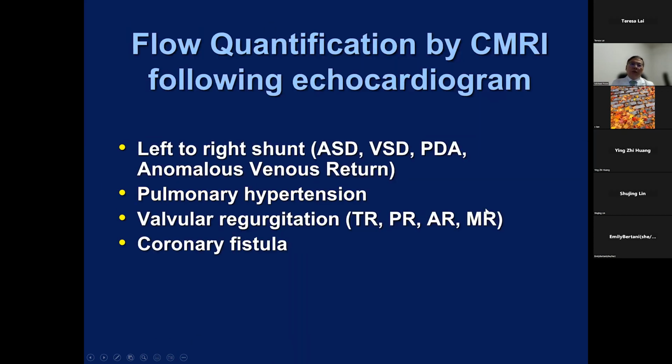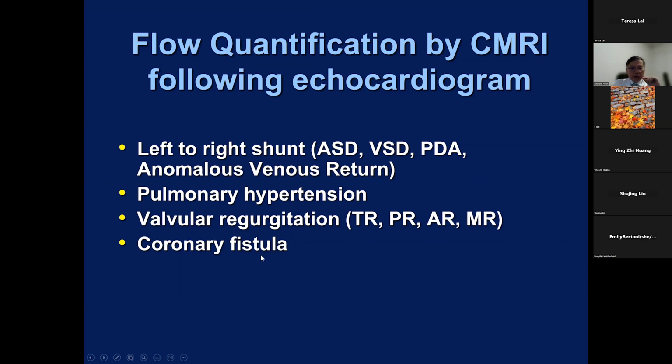So flow is very important. We want to use flow, which is a unique feature of MRI, to assess any kind of shunting or leaky valve. One of the areas of clinical interest of mine is pulmonary hypertension. We use it all the time to assess valvular regurgitation. Is the echo really right? Sending a patient for valve repair is a big deal.